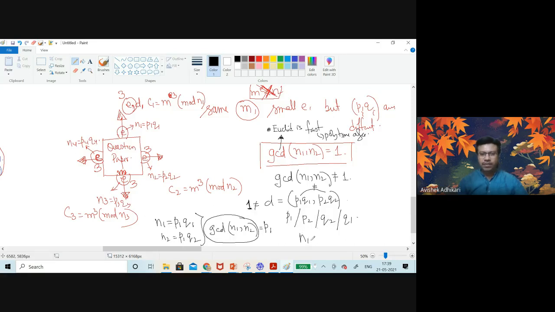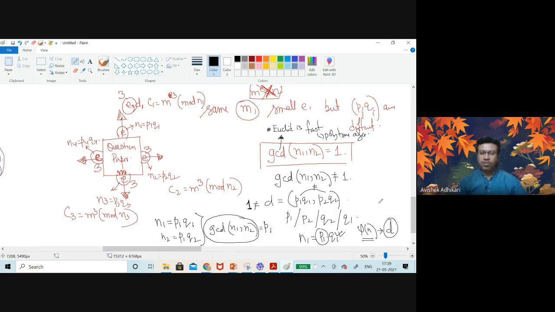N1 is P1 into Q1, and if you know P1, then you must know Q1. Ultimately, by just solving the GCD problem, you are able to factor this. In that case, you will be able to find phi n. And in my last class I mentioned that if you are able to find phi n, then you can get the value of D, which was the secret of the receiver. So in that case, the security will be broken.